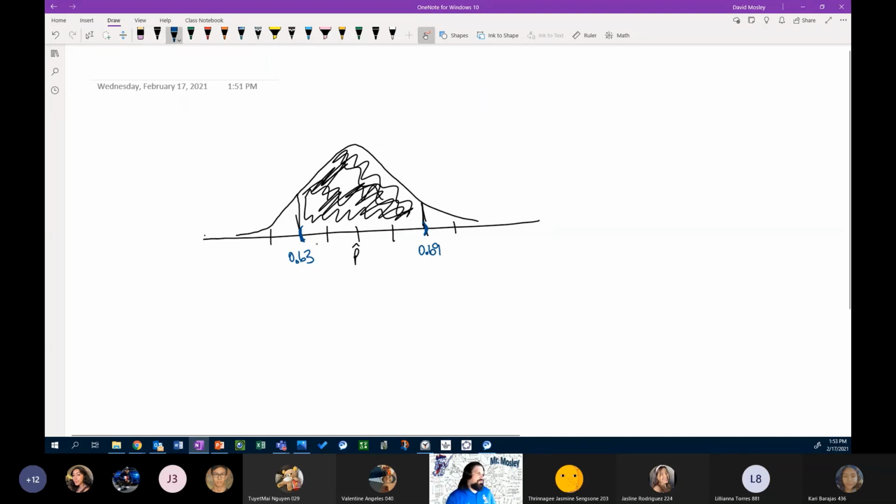We can find this value by adding 0.63 and 0.69 and dividing by 2. We're finding the midpoint between those 2 values, and that gets us 0.66. So our P hat, our point estimate, is going to be 0.66. Does that help?